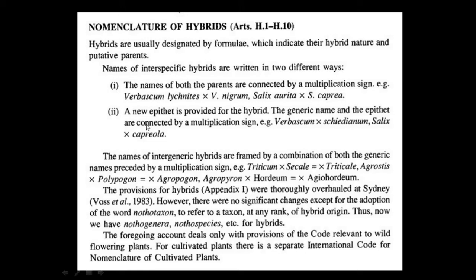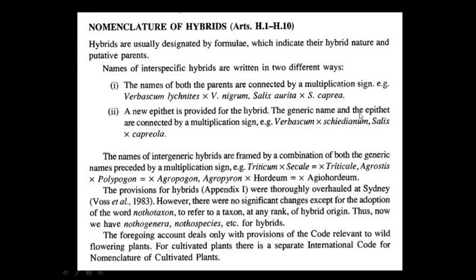And the same hybrid can be represented in another way. A new epithet is provided for the hybrid. The generic name and the specific epithet are connected by a multiplication sign. For example, Verbascum × schiedianum.